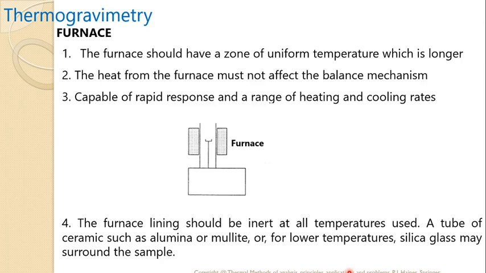Then the second one, the heat from the furnace must not affect the balance mechanism. Generally, the balance is made up of very sensitive material. For the balance, platinum wire is generally used, which has hair-like thickness. So a small vibration or a small change in the atmosphere will cause imbalance of the mechanism of the balance.